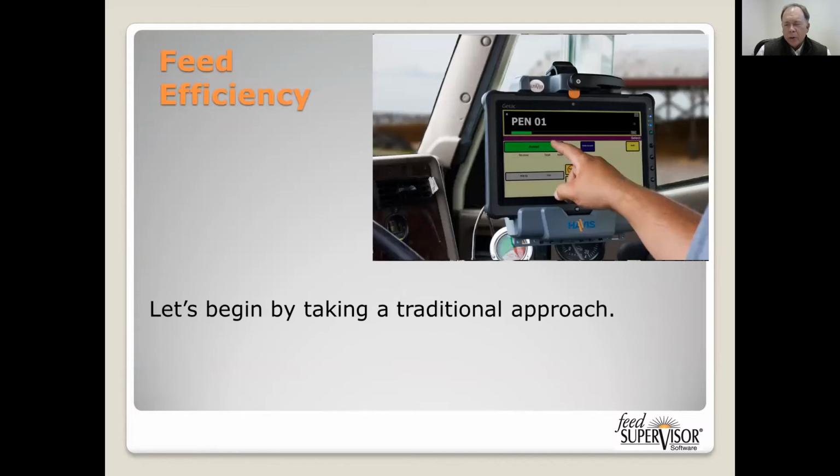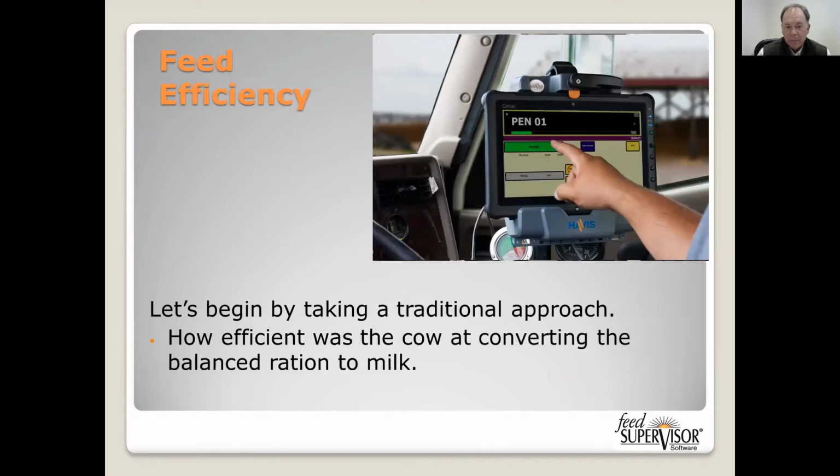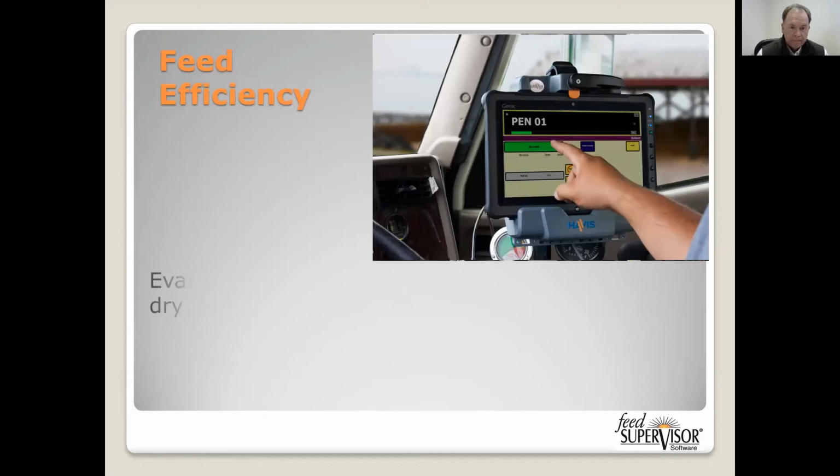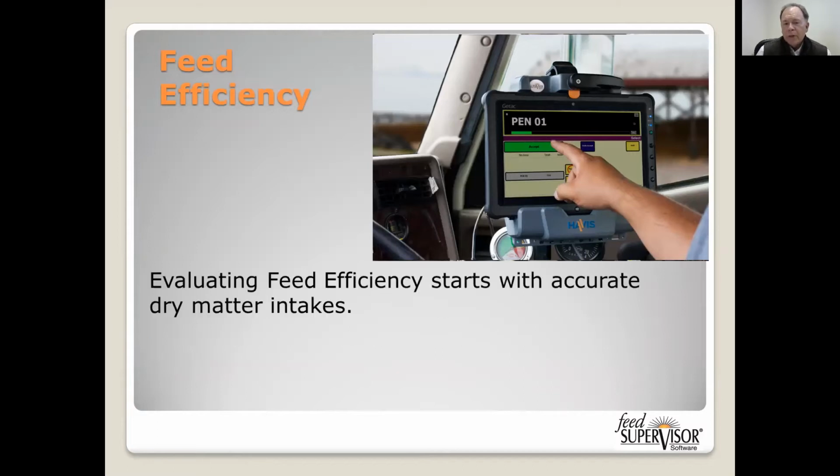So the traditional approach to feed efficiency would just be to look at how much did we feed versus how much milk we received. How efficient then was the cow at converting feed that was fed to milk? Evaluating feed efficiency, though, starts with accurate dry matter intakes.